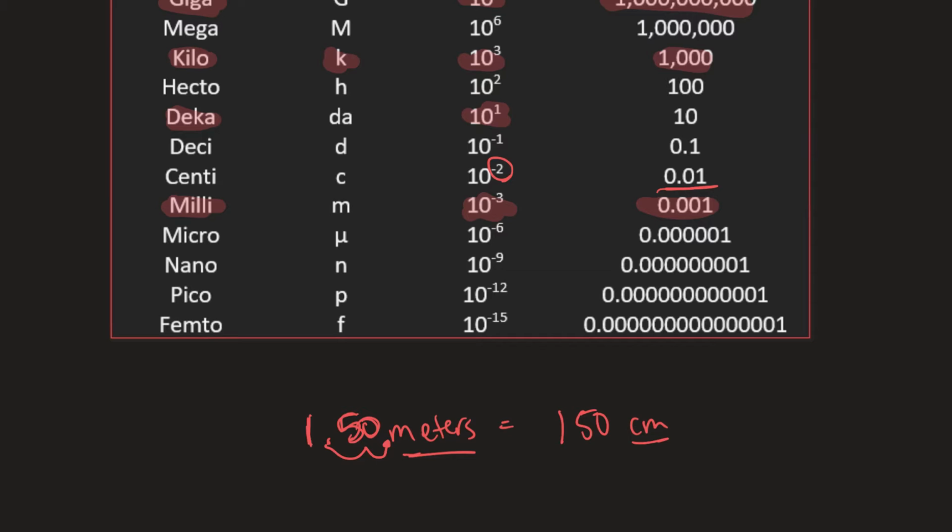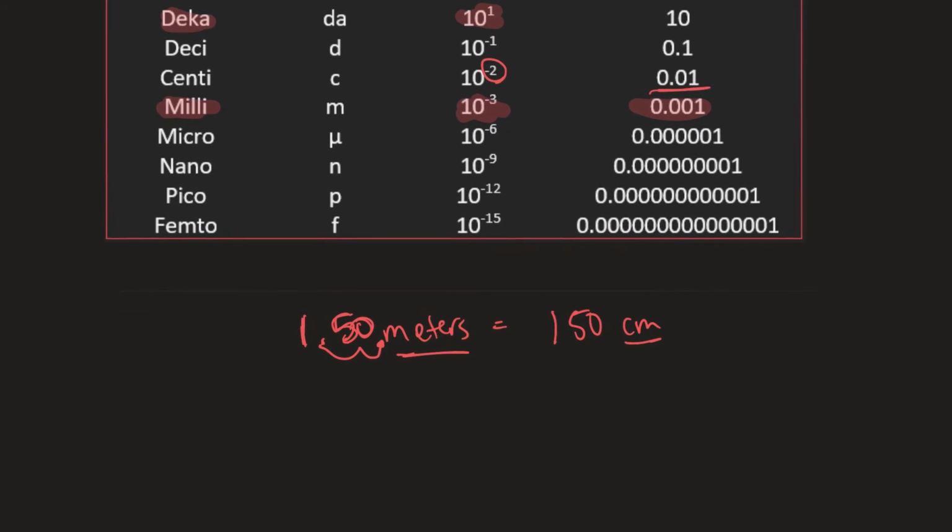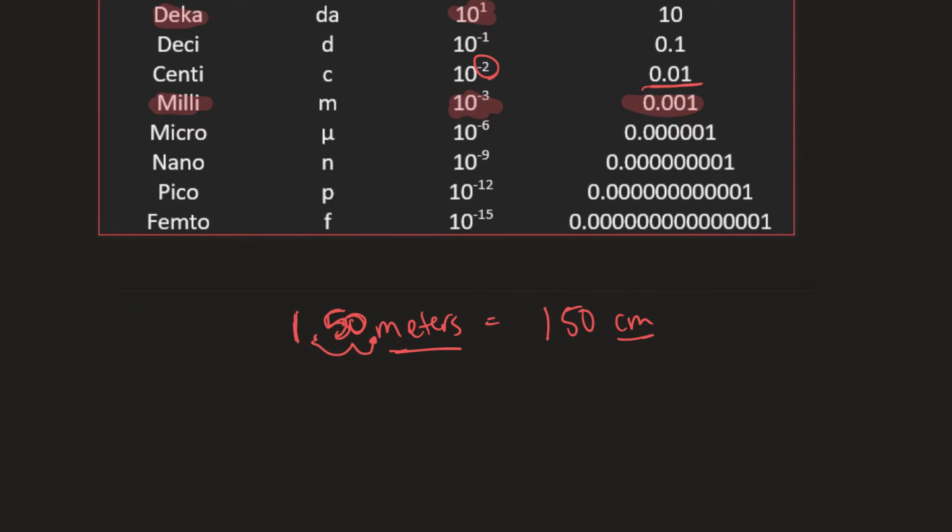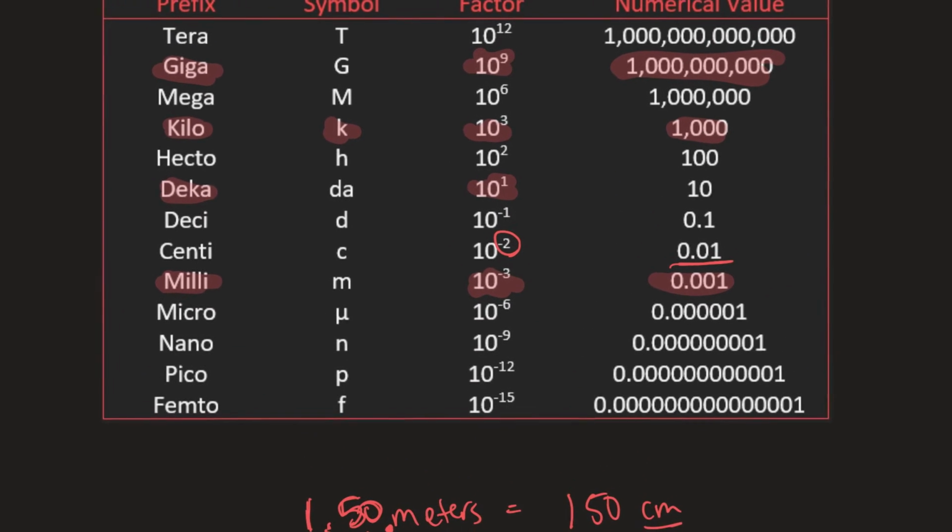The same idea applies if you measure the mass of a particular object, and it turned out to be 361. Let's go big, let's go kilograms. I want to know how many grams that is.